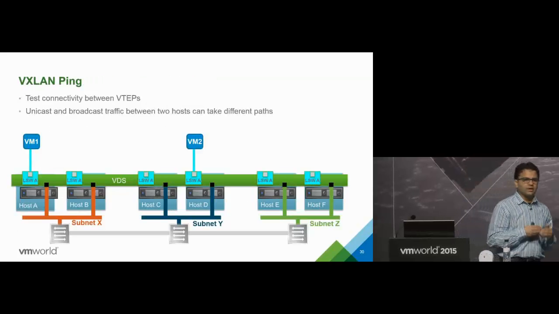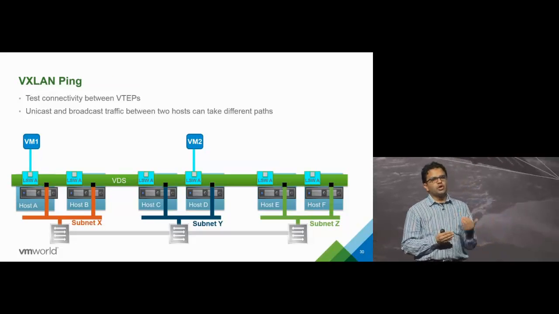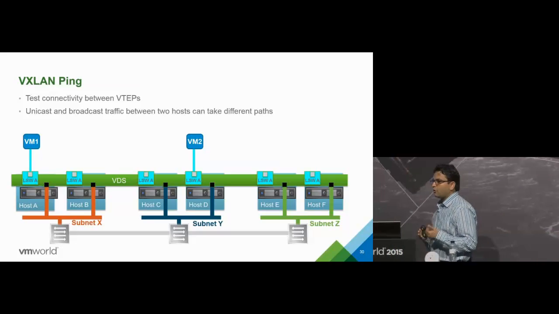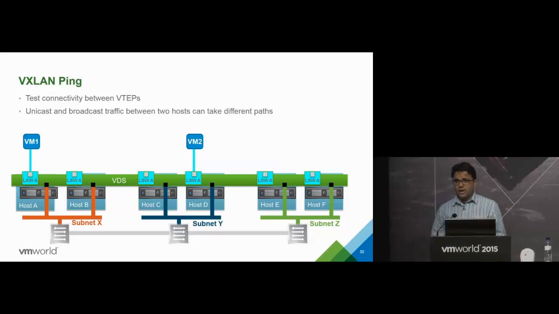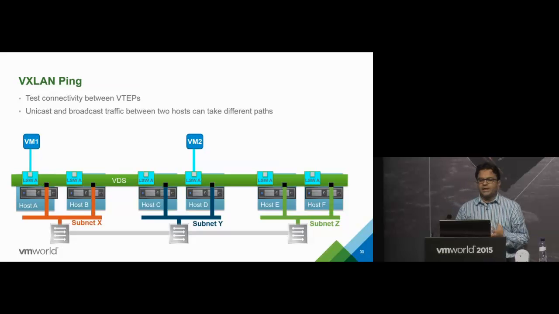So let's take a look at VXLAN ping. VXLAN ping is a tool that we use that can test the connectivity between your VTEPs, or VXLAN tunnel endpoints. Why is it important? Let's say you get a call from your customer or your client and he says that my application on VM1 cannot talk to application on VM2.